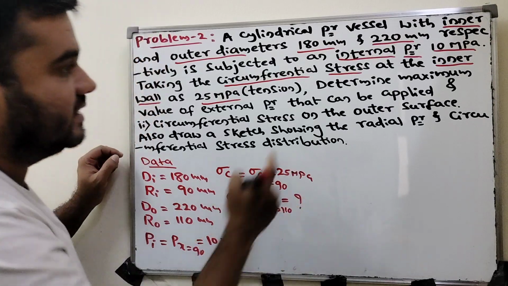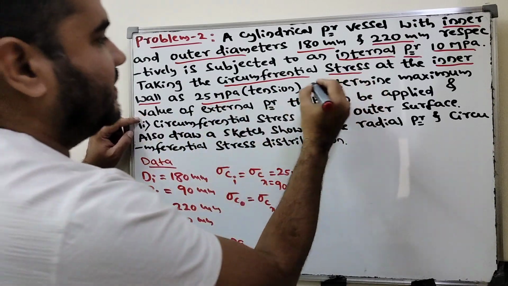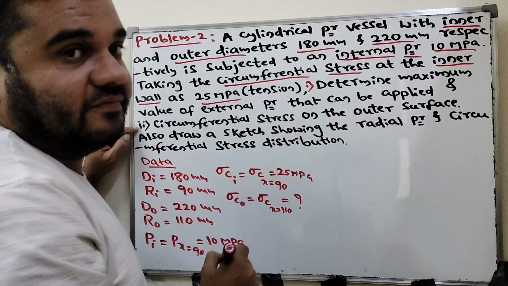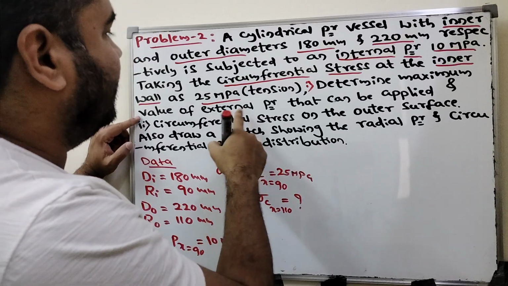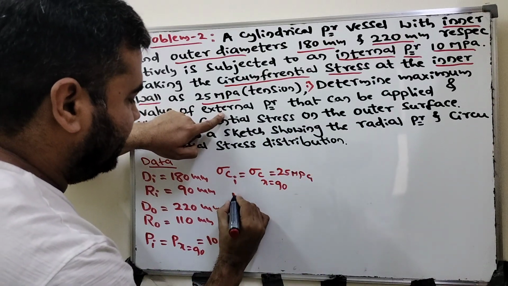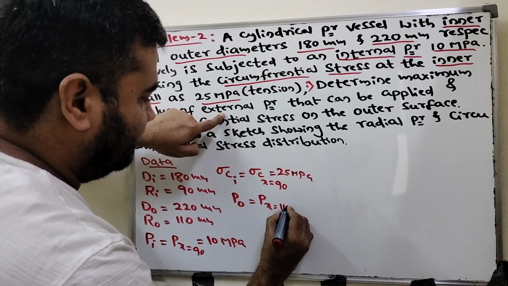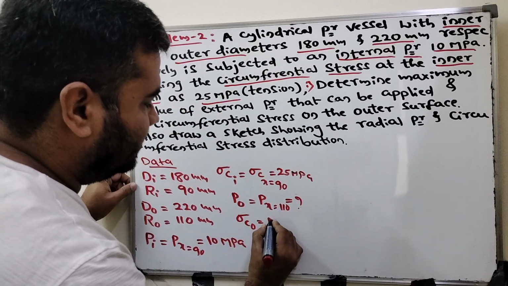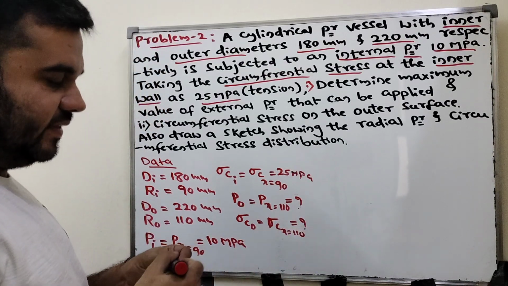He is asking two things here. First, the maximum value of the external pressure that can be applied, that is P at outside, P at x equal to 110. Second is the circumferential stress on the outer surface, sigma c at x equal to 110.